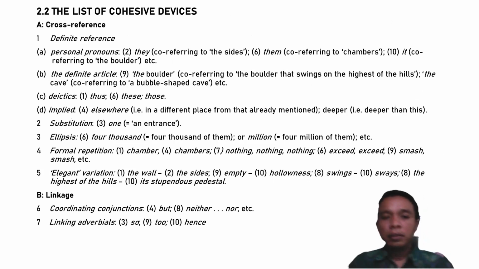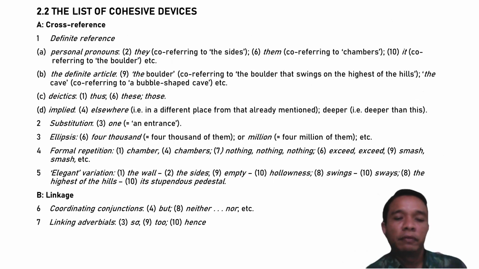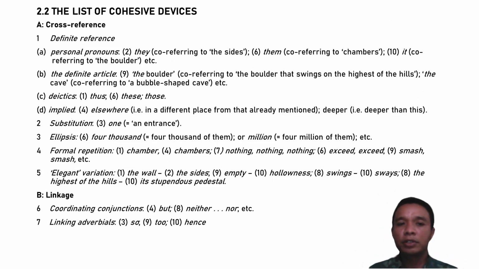Okay. And now we will find out the list of cohesive devices. A, cross-reference, 1, definite reference.